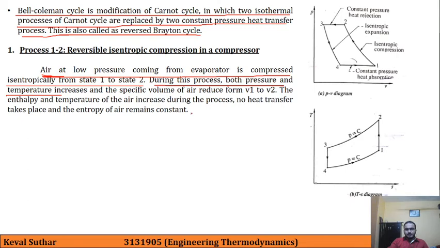That can be seen here, that from process 1 to 2 pressure is increasing as well as temperature is also increasing. And because of compression, the specific volume of air reduces from V1 to V2. That can be seen here, that previously it was at V1 and at the end it is at V2.